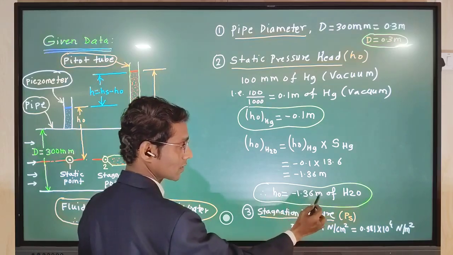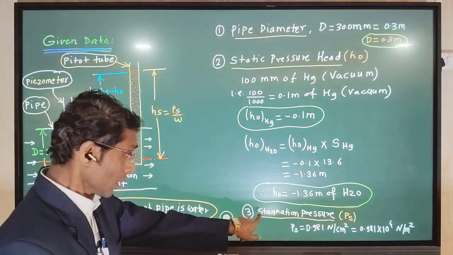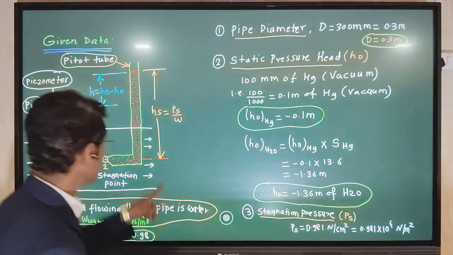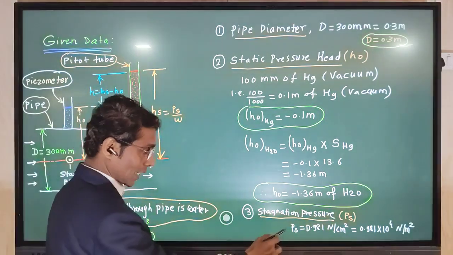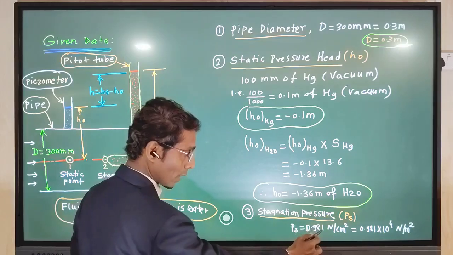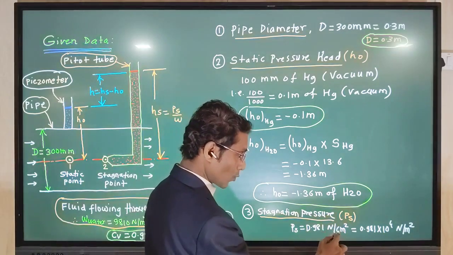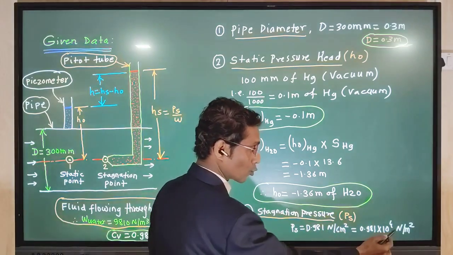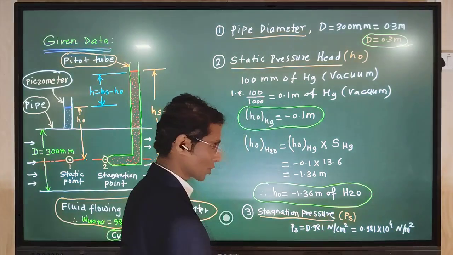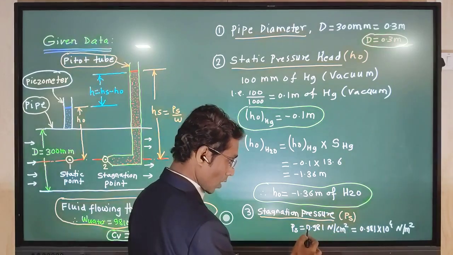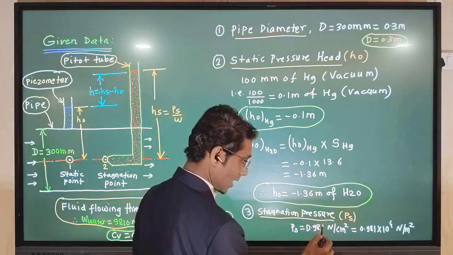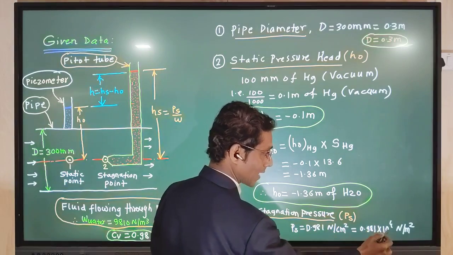After the calculation we get the static pressure head in water column, that is HO is equal to minus 1.36 meter. Next, the stagnation pressure PS is given as 0.981 Newton per centimeter square. We convert that into Newton per meter square for the calculation purpose. So here we write 0.981 multiplied by 10 raised to 4.